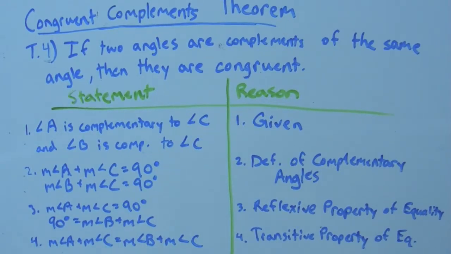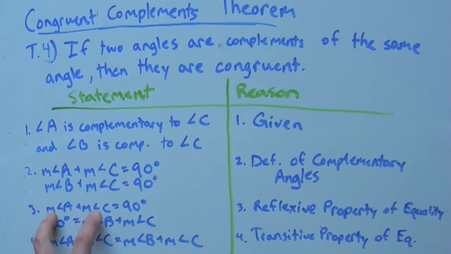So instead of using substitution for this next step, I'm going to break it up and use the reflexive property and then the transitive property. So for the reflexive property, we're simply flipping the second half. So we're saying that 90 degrees is equal to the measure of angle B plus the measure of angle C. And we can do that because of the reflexive property.